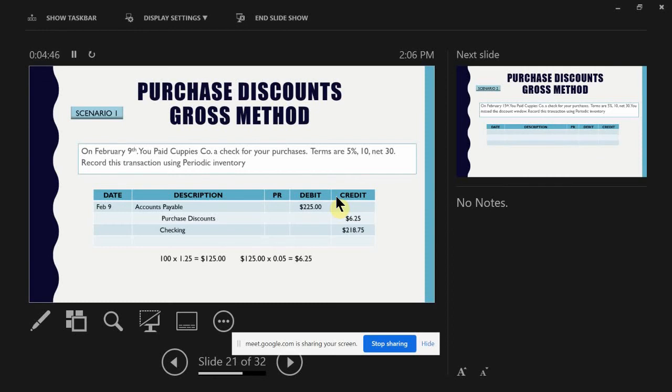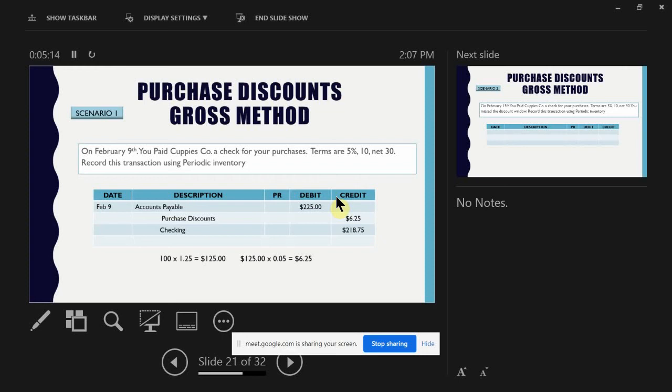However, I'm going to recognize that I received a discount, and I'm not going to pay them the full amount. I'm paying them less. So this only happens when you decide to pay. That's the difference between when you recognize the discount. You only recognize it the day that you pay it.